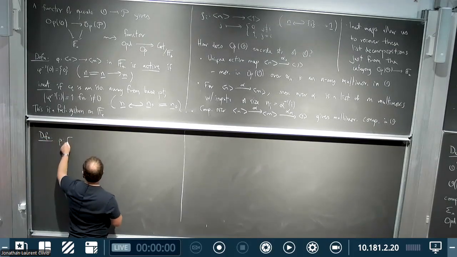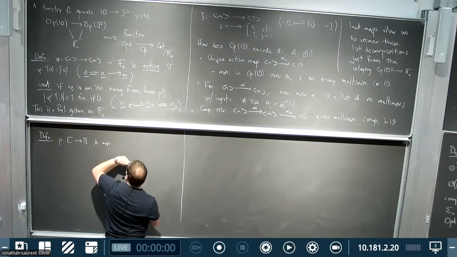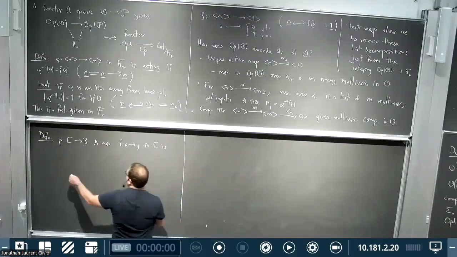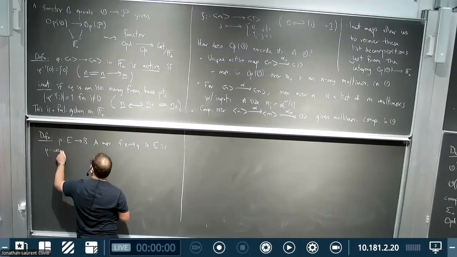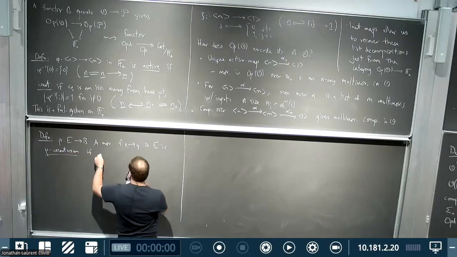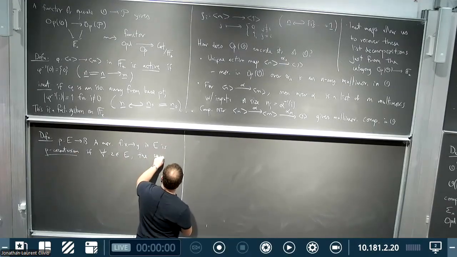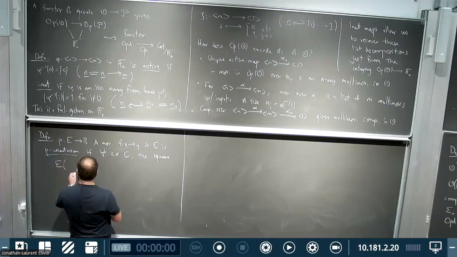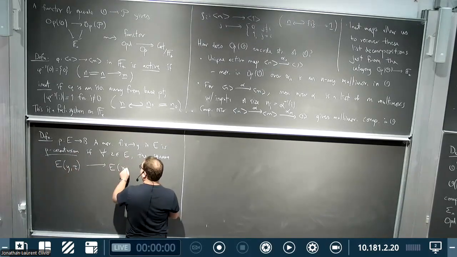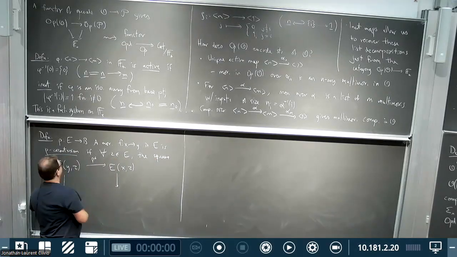For a functor P from E to D, a morphism f from X to Y in E is P-Cartesian if whenever I have another object Z, and a morphism from X to Z, I take the composition with f.